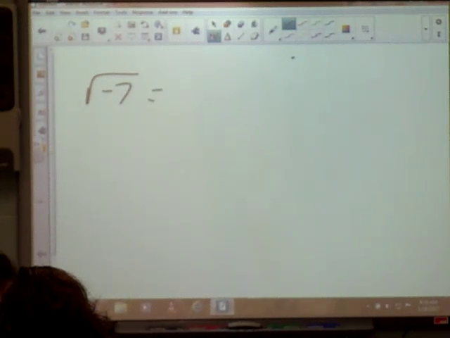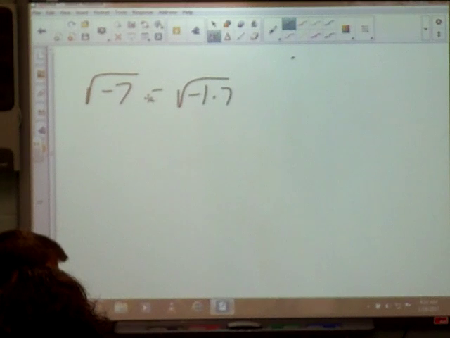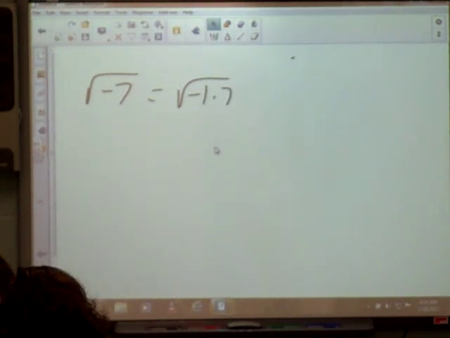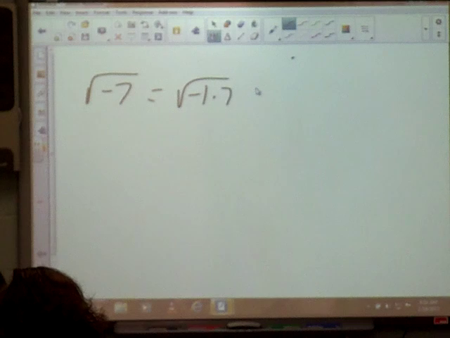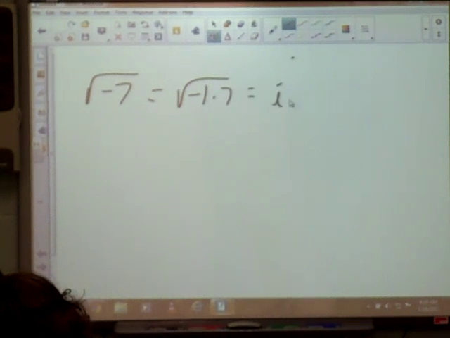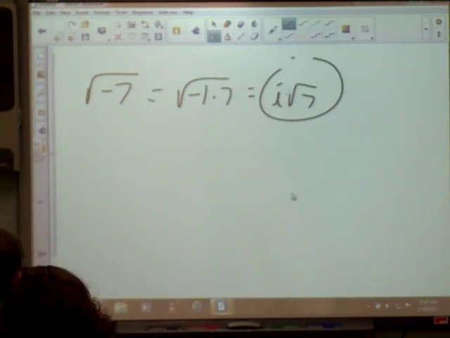It is the square root of -1 times 7. Good, that's what Angie and Blake were both saying, because 7 doesn't have a perfect square that goes into it. So we can't do anything with that. All we can do is bring the i out. So that would be i times the square root of 7.